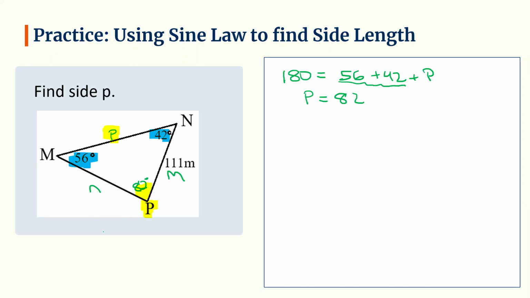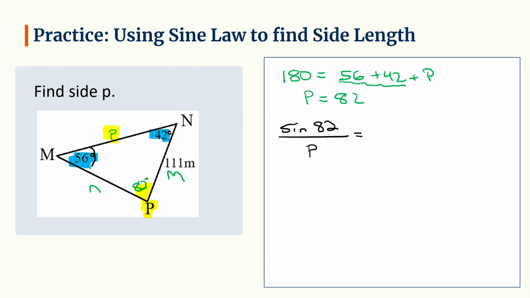So I know I'm going to be setting up the sine law with P. So sine P over little p equals. Now, I need to find another letter where I know both the angle and the side.